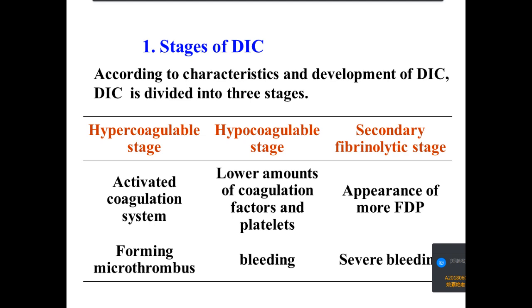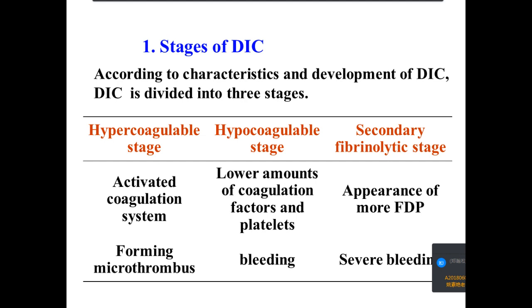The first stage forms microthrombus. Can doctors see microthrombus? They can't see microthrombus, but they can see bleeding. So the first manifestation of DIC refers to bleeding, not microthrombus. Now these are the stages of DIC. You might remember, it is emphasized and may be a test question.